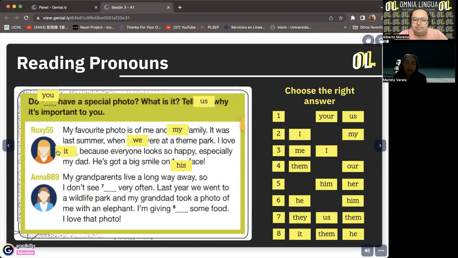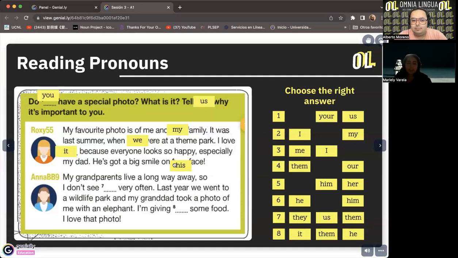I love it because everyone looks so happy, especially my dad. He's got a big smile on his face.